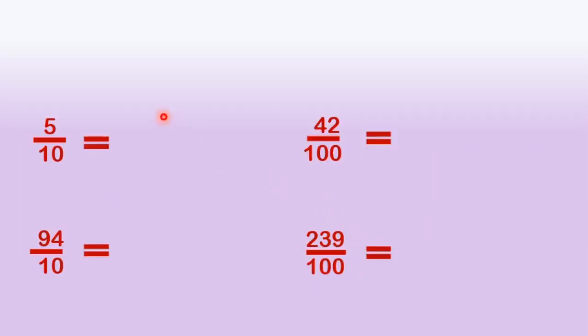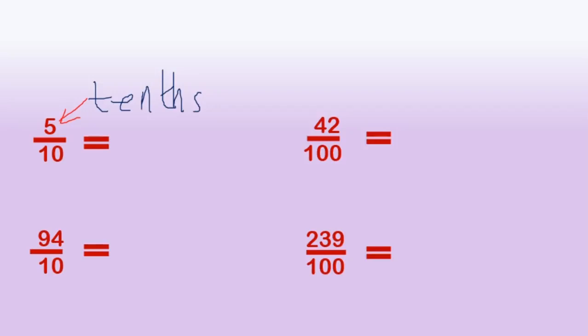Alright, let's try this one on our own. Here we have the numerator 5 and the denominator 10. So if we are to place this, it means that this one is going to be in the tenths column.